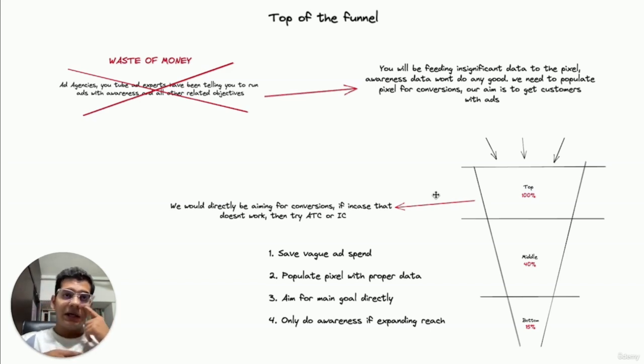Now let me explain why we choose initiate checkout and add to cart. If the purchase objective is not bringing you any sales to the website, then, as I said, go with add to cart and initiate checkout. If I cannot get the exact data I want, which is purchases, I'll go for one step above it, which is add to cart.